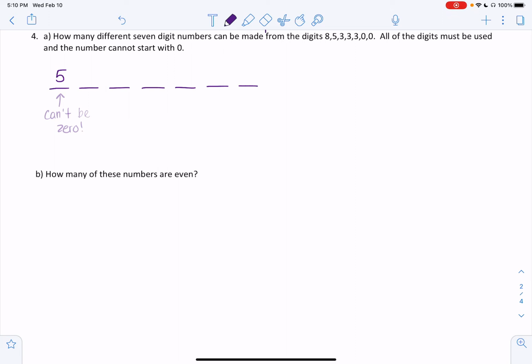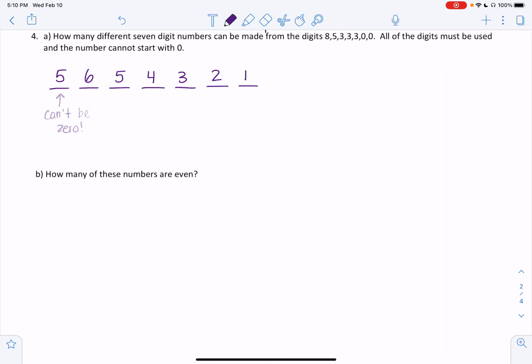Then for the second spot, one of the numbers has already been selected to fill the first spot. This means we only have 6 numbers left to fill that spot. Now that that spot is filled, we only have 5 numbers left to fill the next one, then 4 numbers, then 3 numbers, then 2, and 1.